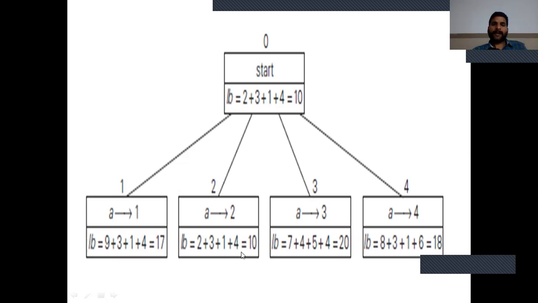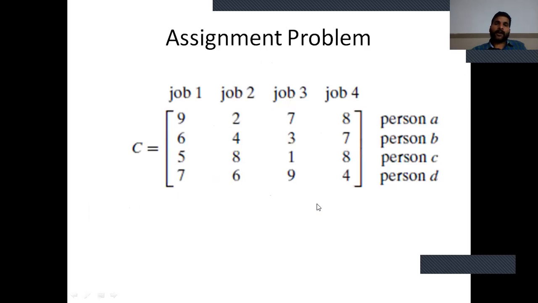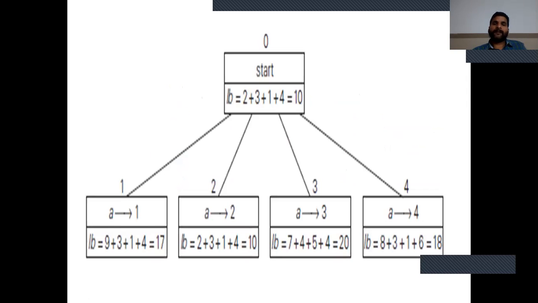The other values are from the matrix, and the total cost is equal to 10. If job 3 is assigned to person A according to this cost matrix, then the cost of job 3 is 7.